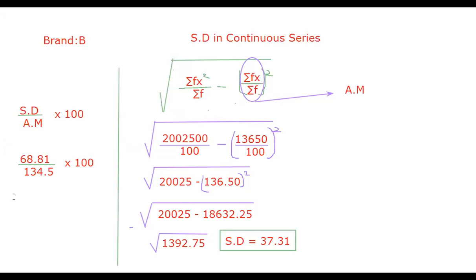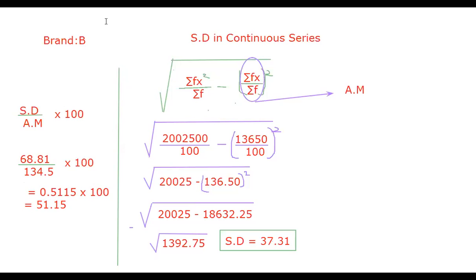So 68.81 divided by 134.5 is equal to 0.5115. 0.5115 into 100 is equal to 51.15. That is the coefficient of variation for brand A.